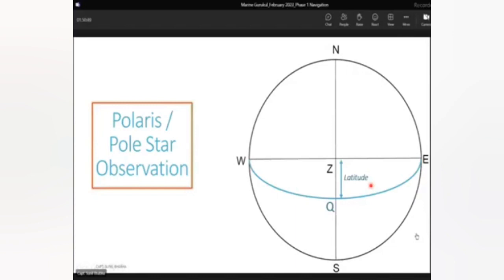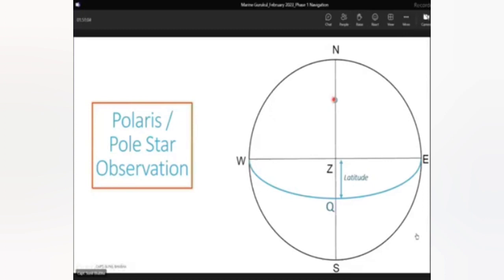Now let us show the pole in this diagram. The pole is 90 degrees away from the equinoctial. So from point Q, I go 90 degrees away, and somewhere here we will have the north pole visible to the observer.